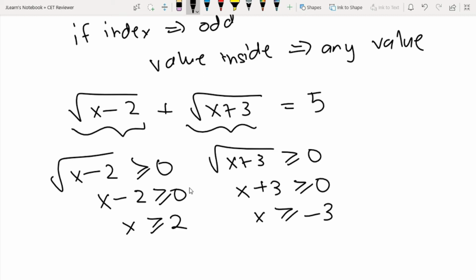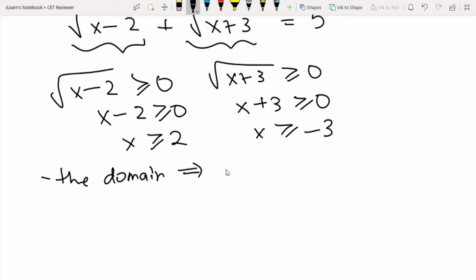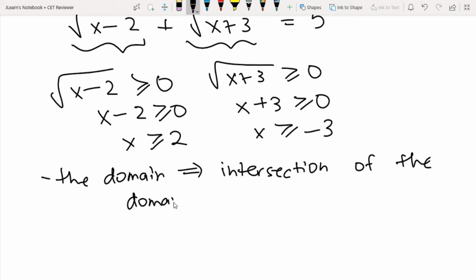And in radical equations, the domain is simply the intersection of the domains ng parts nung rational expressions. Okay, what do I mean by that?